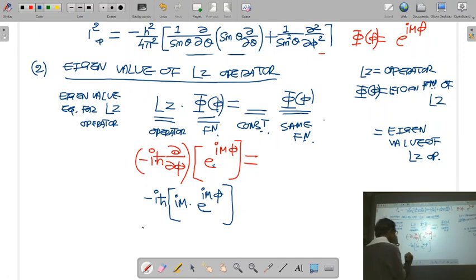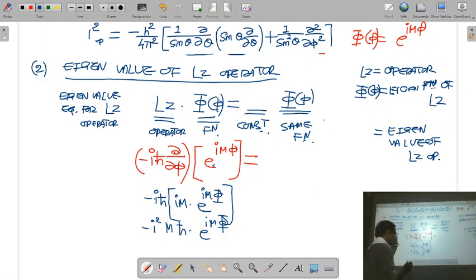So minus i into i will be minus i square m h cross e raised to im phi.